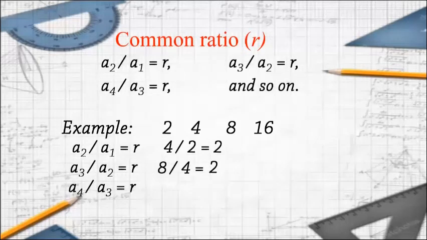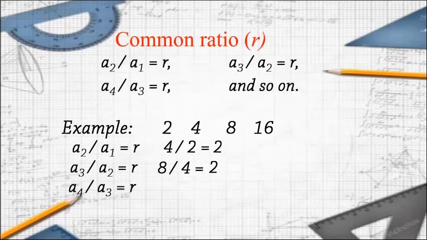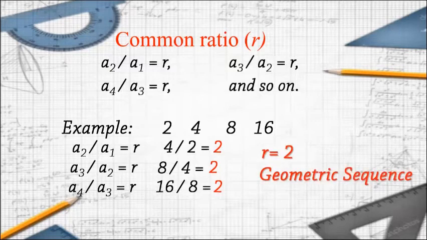For the last one, let's have a sub 4 over a sub 3. We have 16 as our fourth term, and 8 as our third term. So 16 divided by 8 is equal to 2. So by observation, we can say that all the quotients of our consecutive terms are equal to 2. Therefore, the value of r is 2, and this given sequence is geometric.